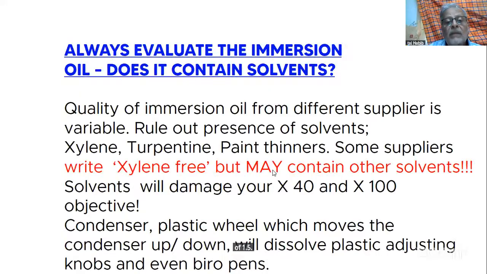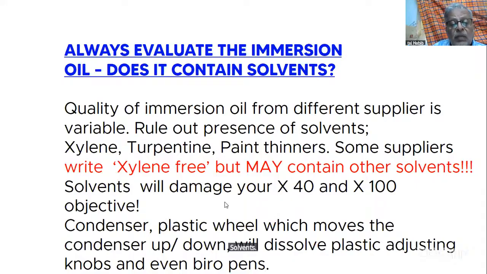So when you receive immersion oil from your supplier, you don't take it for granted that it is a good immersion oil unless it is a branded one, which I'm going to tell you about in a short while. So any locally made immersion oil, you must test it for solvents.